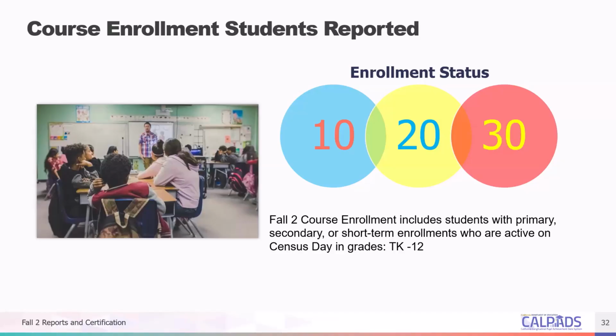However, the warning is in place because we want you to report the course section record. There is no other way to show a student enrolled in CalPADS with a secondary enrollment unless you submit that student course section record. Every student in grades TK through 12 that's primarily enrolled or short-term enrolled should have a student course section record.